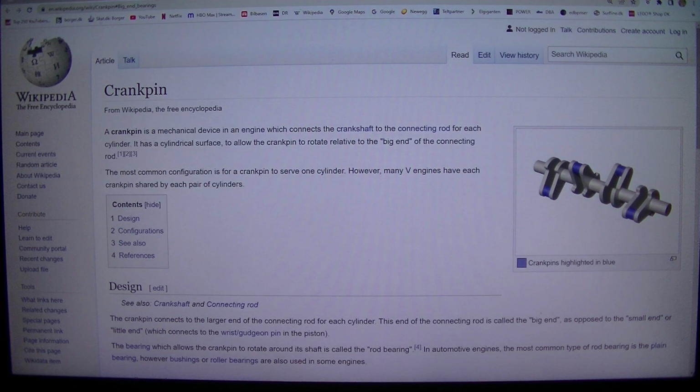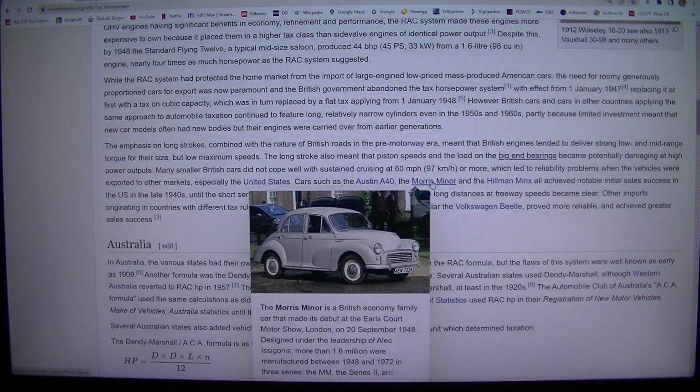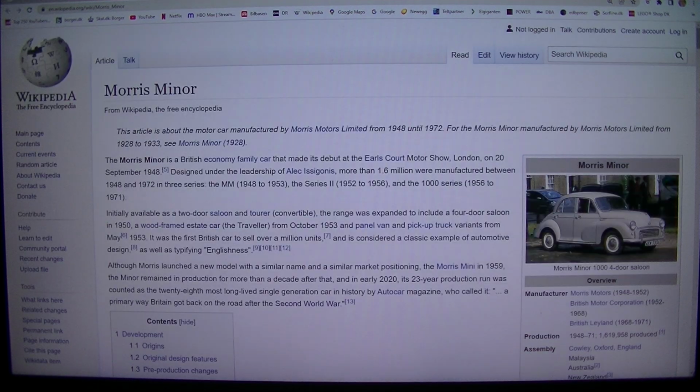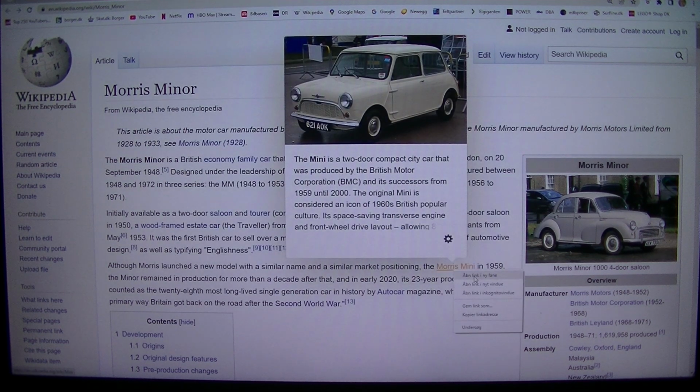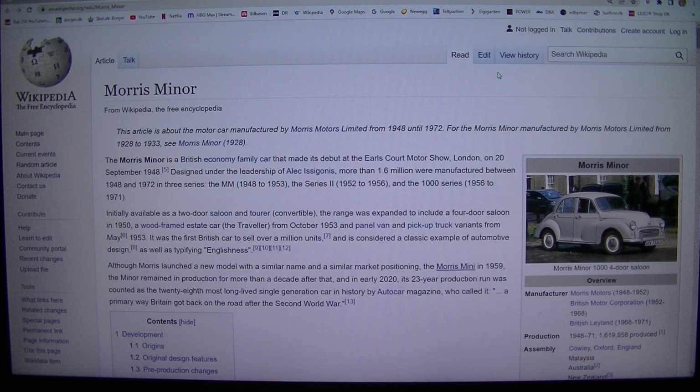But we could do that, of course. But that's to my engine. We got the Morris Minor. Could read about this one for fun, later, not now. Got the Morris Mini. Could read about that one. Could be a fun car, but that's a very small car. That will not be good to sleep behind it.